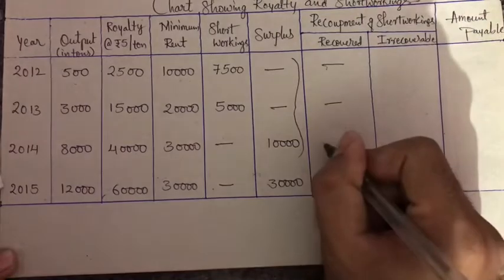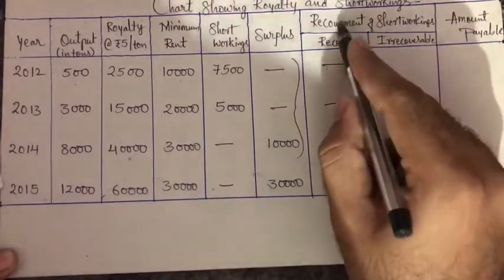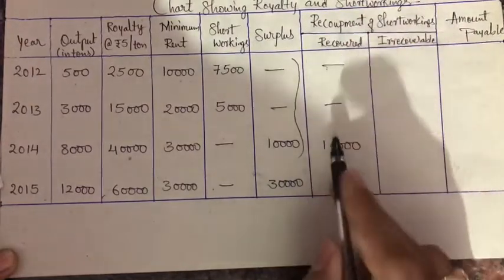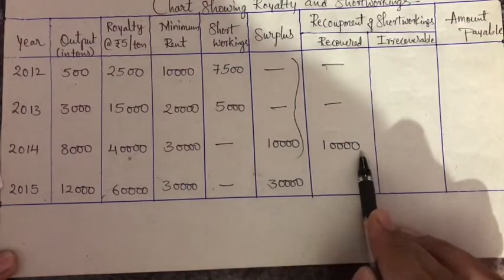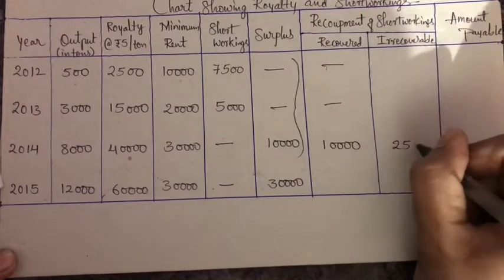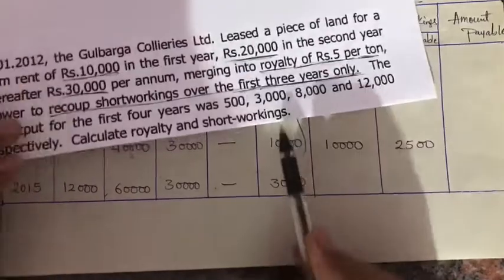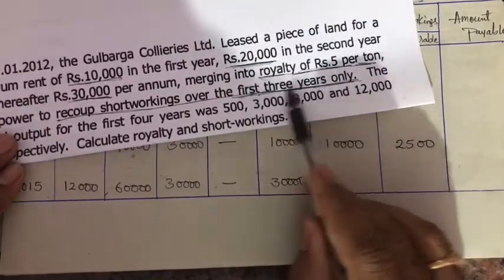So we can recover short workings of 10,000, and what about the remaining 2,500? We cannot recover this after the third year, because they have said in the problem clearly that we can recover only from the surplus of the first 3 years.